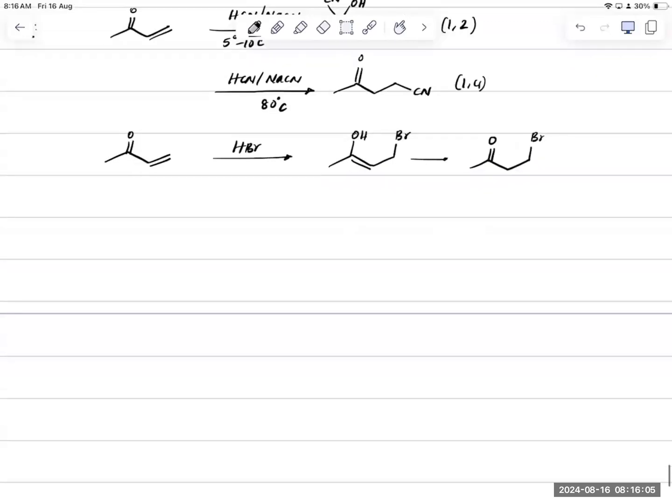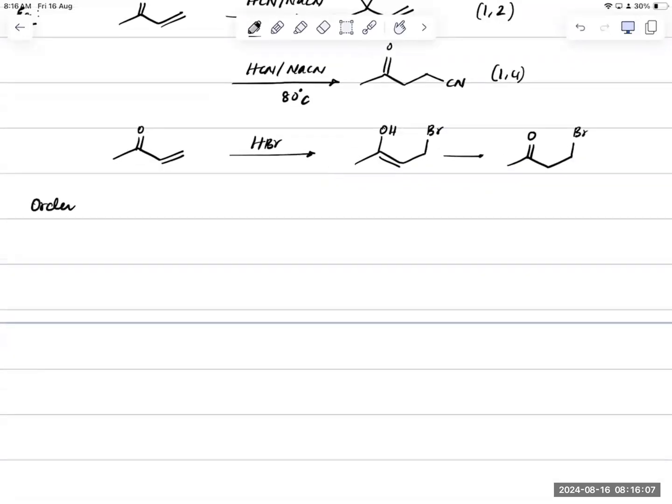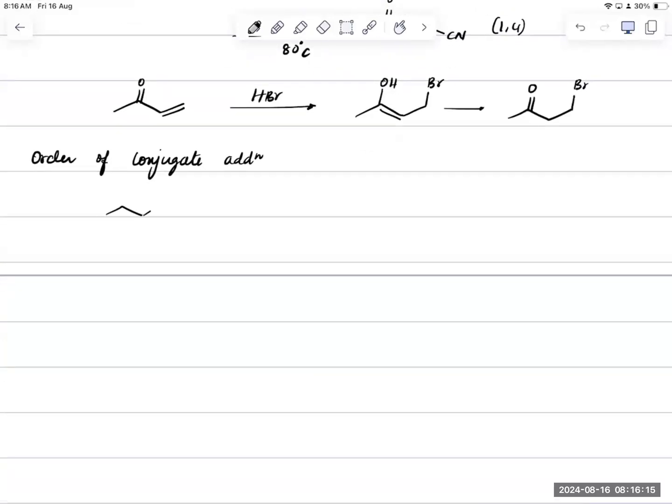Check out the order of conjugate addition. The order of conjugate addition will be like this. As much as there is huge support from the cross conjugation, it will have more 1,4 addition. Okay. So these are all for 1,4 addition.